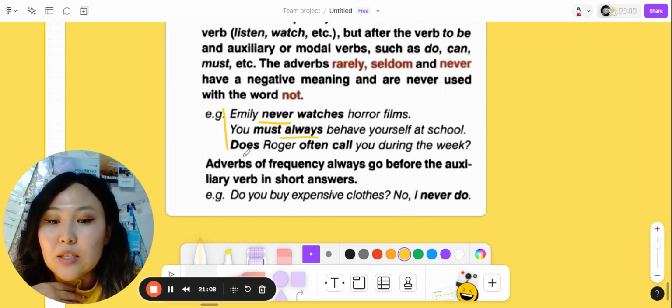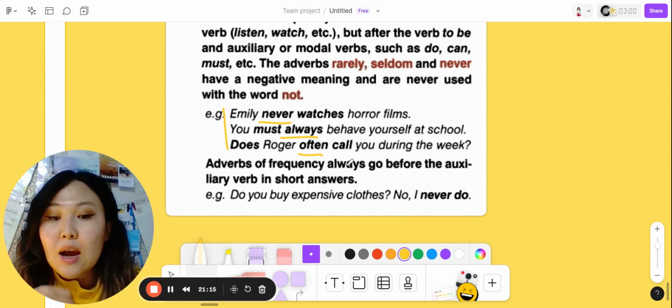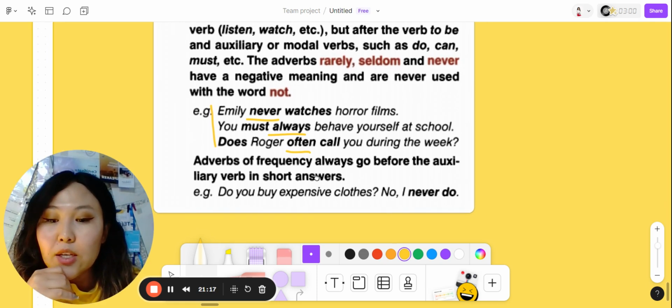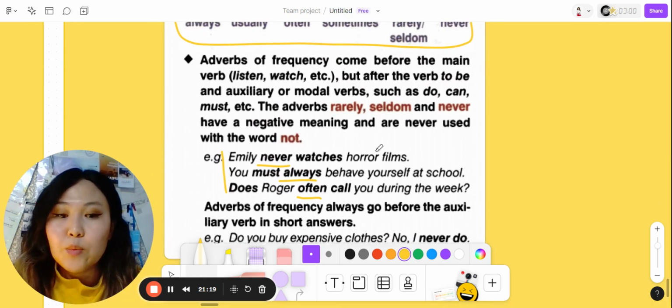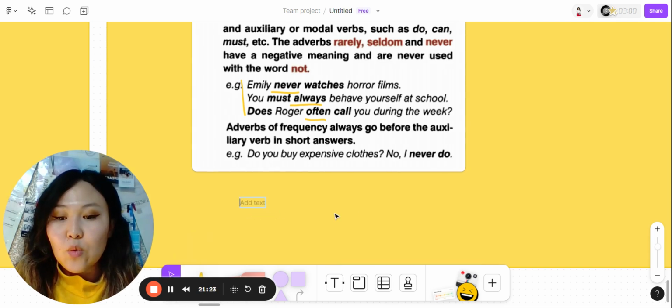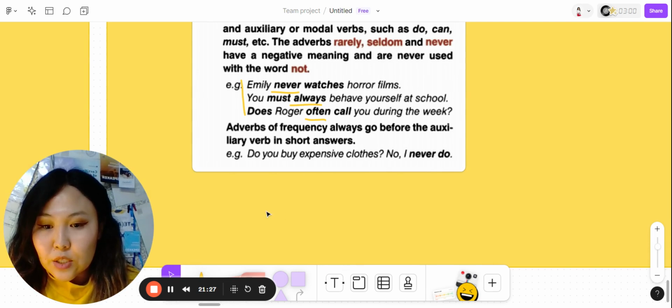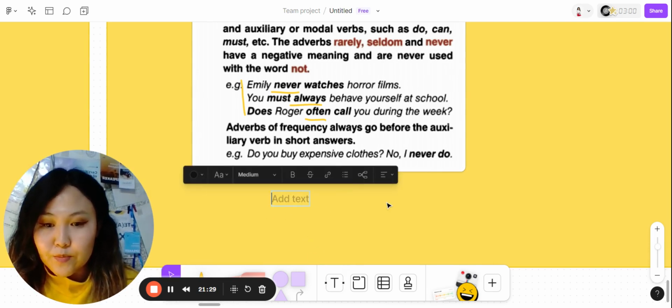Next one, does Roger often call you? Here we see an example of a question. And also, I'd like to pay your attention to our verb to be. Here we don't have such an example, but when it comes to be, we don't use it as we do with regular verbs.